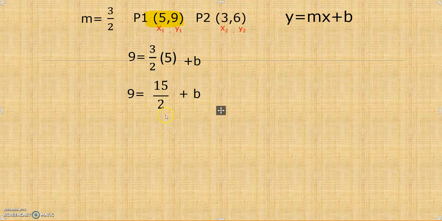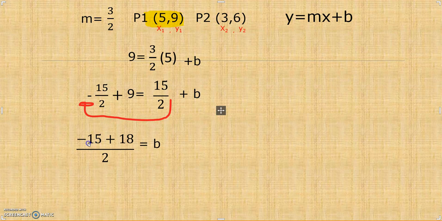To get the value of b, or our y-intercept, let's transpose 15 over 2 to the left side by subtracting 15 over 2 from both sides. So now we have negative 15 plus 18 over 2 because the denominator of 9 here is understood as 1.